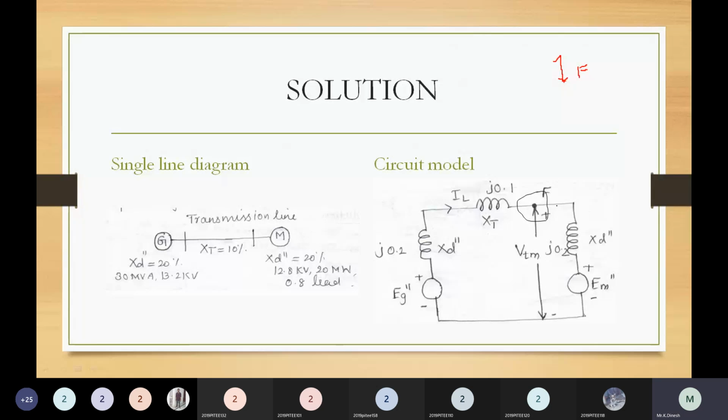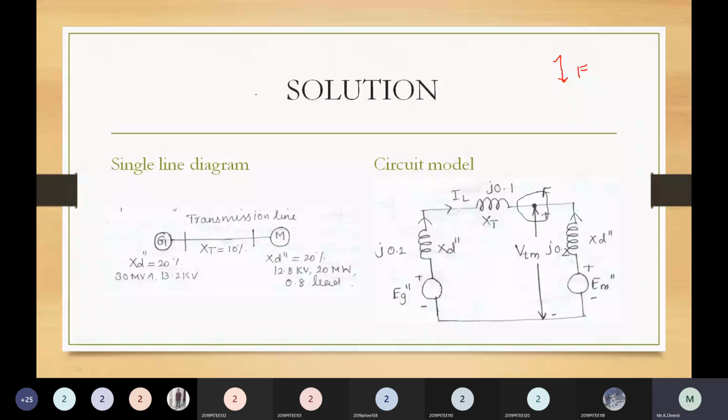In this condition, you have to find the generator current, IG double dash, the current flowing in this terminal, and the motor current, IM double dash. And the fault current is IF double dash, the subtransient fault current they are asking. IF double dash, in per unit as well as actual, we need to find out.